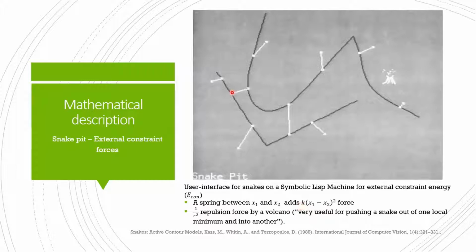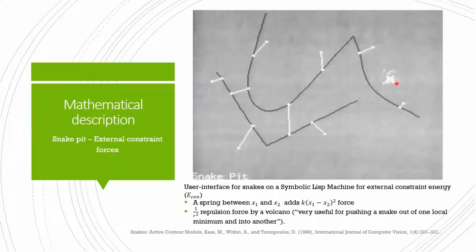So when the snake comes nearer to the other end of the spring, it minimizes energy, and otherwise the energy becomes more.